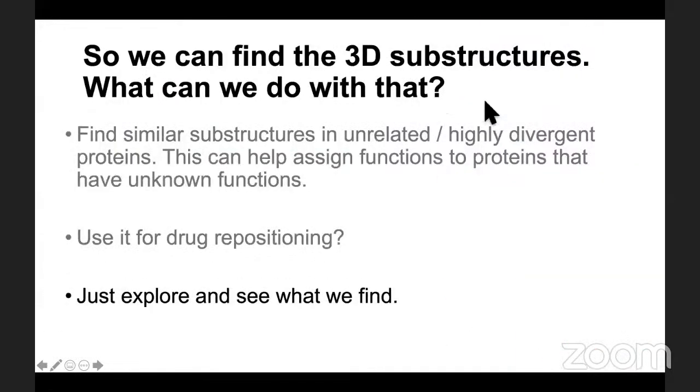Okay. So yes, we could use it for drug repositioning, but could we also perhaps just explore the structures available in the PDB and see what we could find using these graph theoretical programs? Of course, as Sam said just now, it's not suitable for exploring because you need to do a specific search, so you must know what it is that you're trying to search for. What if you do not know what you're trying to search for?